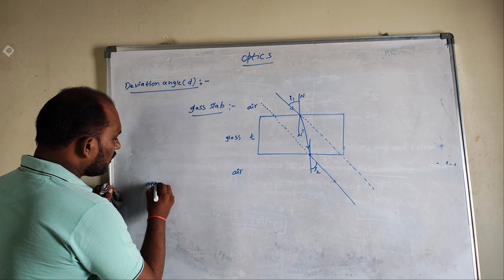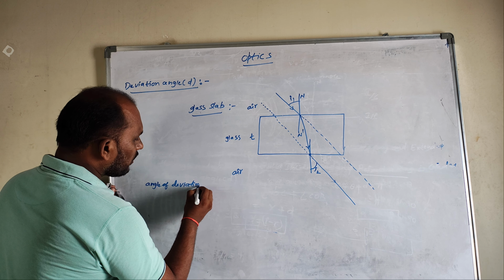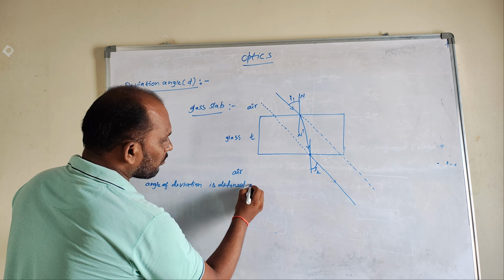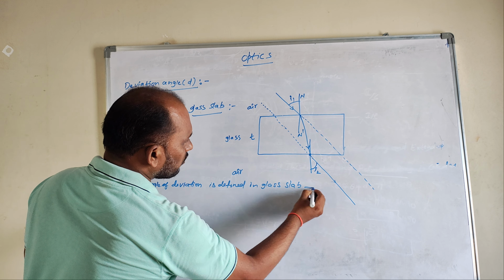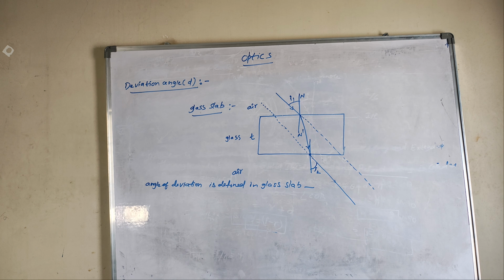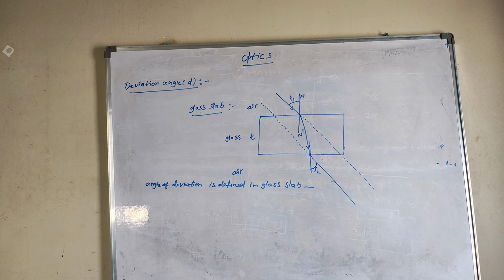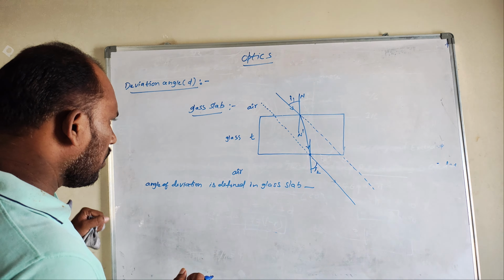So the angle of deviation is defined in a glass slab. How do we define it in a glass slab, guys? Here it is.